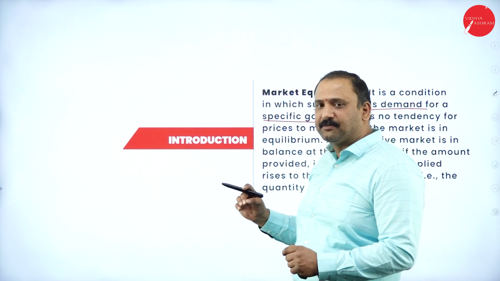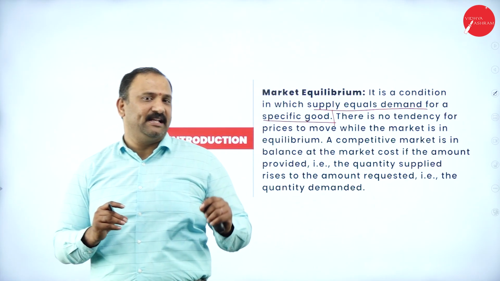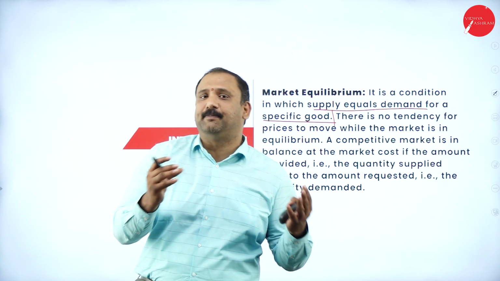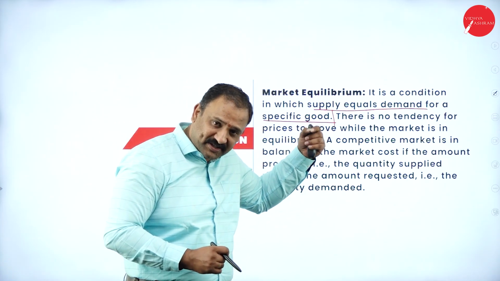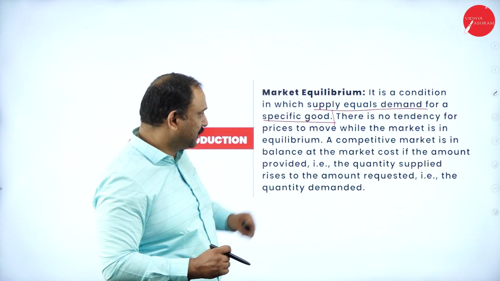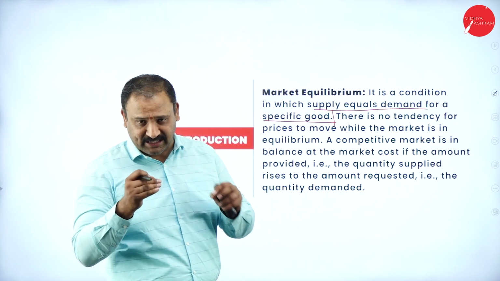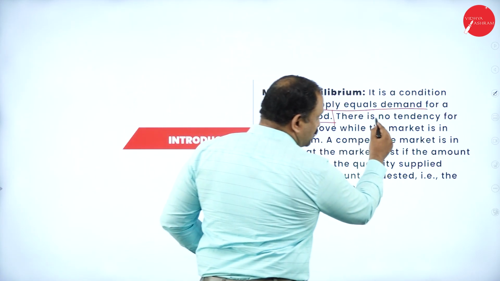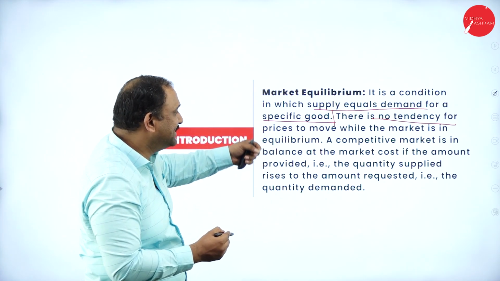Now, there are many times we would see in a general market that supply and demand are never met, because if they are met, then that's a perfect condition that we are talking about. So that's exactly what we are trying to understand at this junction, when the supply is trying to meet the demand at a given point. Followed by, there is no tendency for the prices to move while the market is in equilibrium.